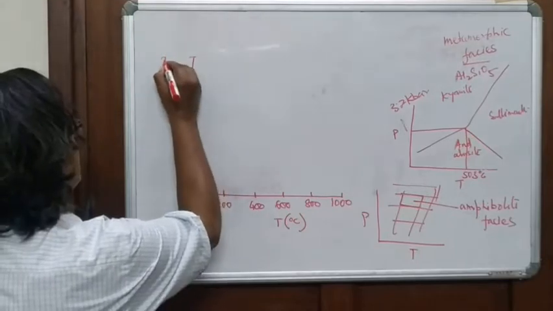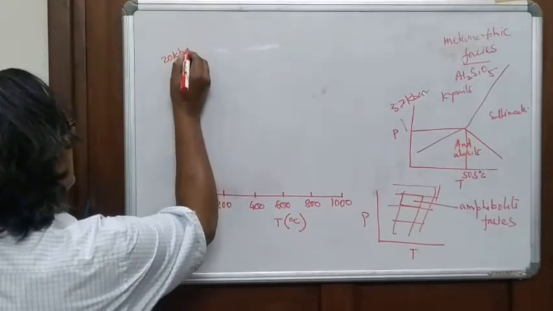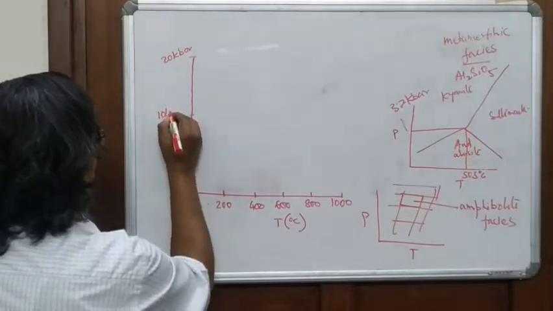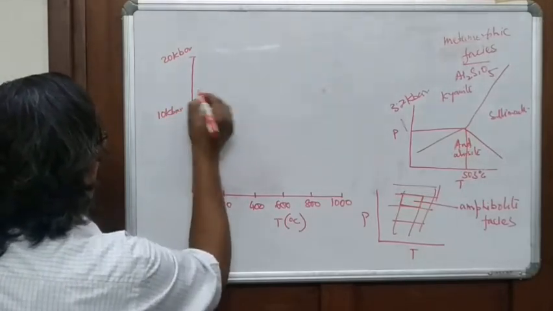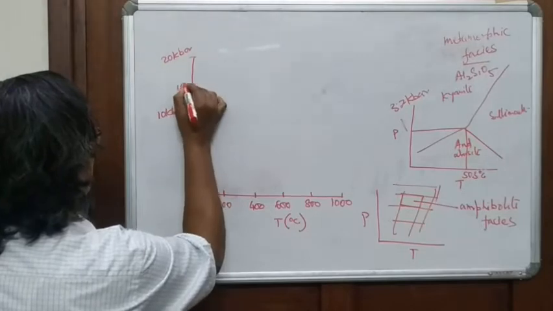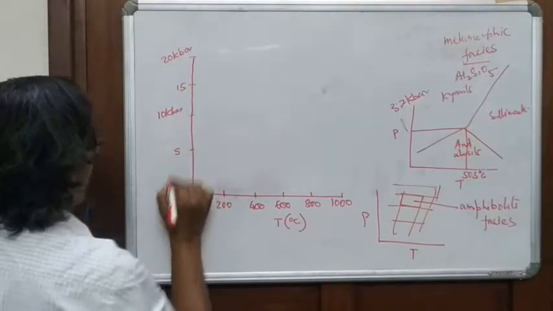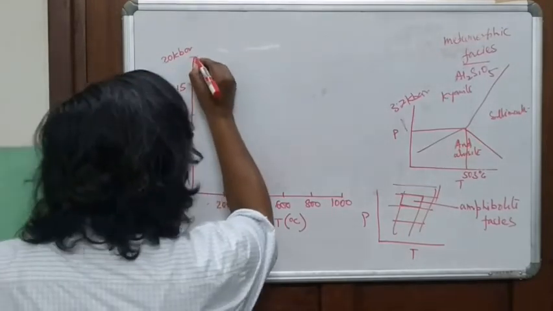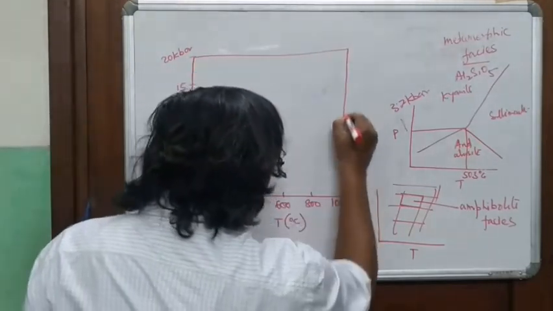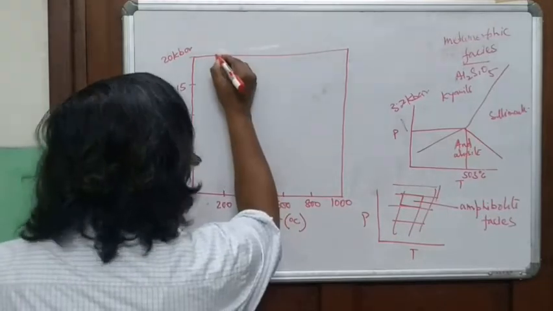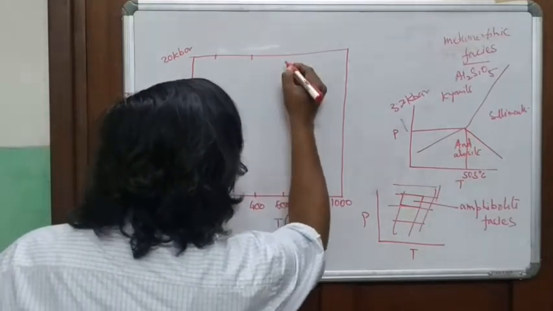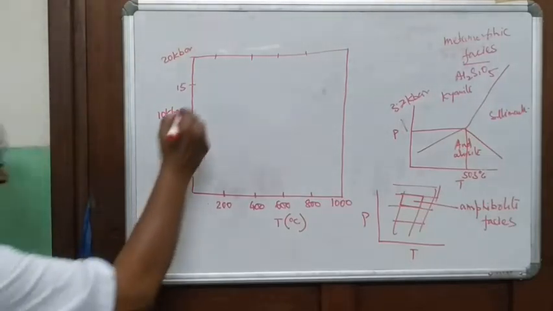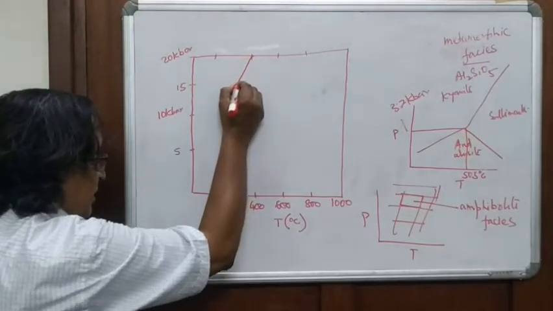And this is roughly 20 kilobars, and this is roughly 10 kilobars. This is 15 kilobars, and this is 5 kilobars. I draw 200, 400, 600, 800, and 1000, and I draw a line which joins.